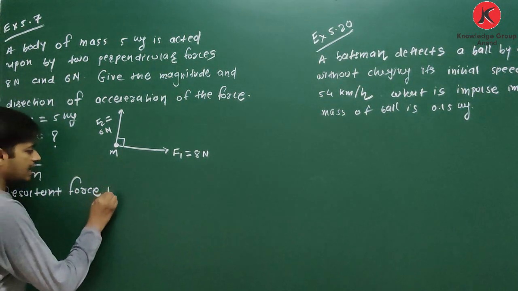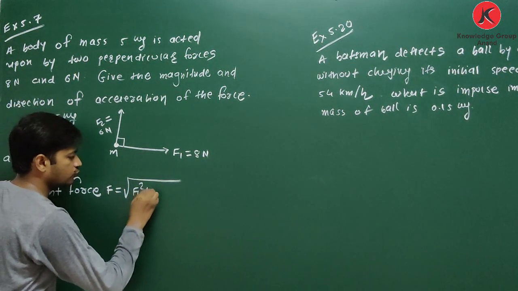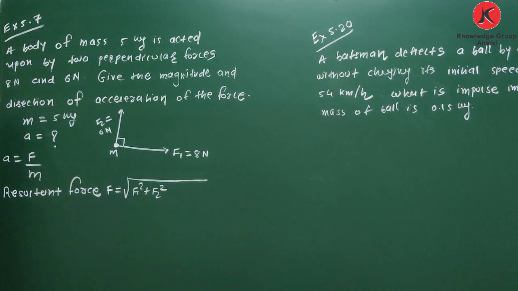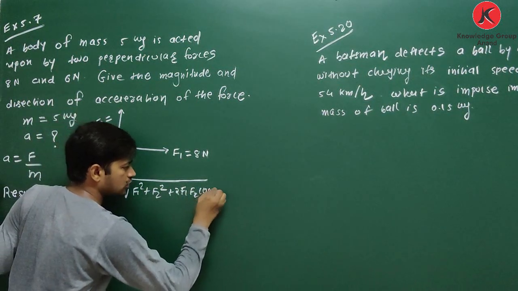Resultant force F is equal to under root F1 square plus F2 square. Directly you can use the law of parallelogram. What is the angle between them? 90, and cos 90 will become 0, if I want to write 2F1 F2 cos 90.